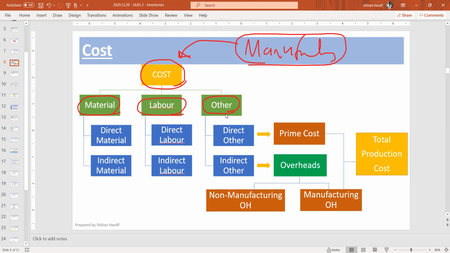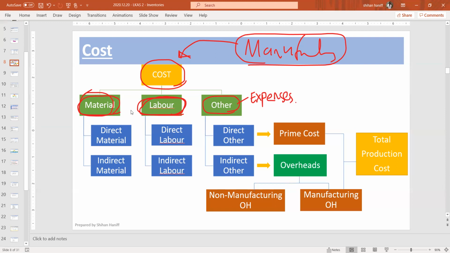In a production manufacturing business, the key cost is material cost. Then the second important cost is the labor cost, and everything else we call other costs or expenses.